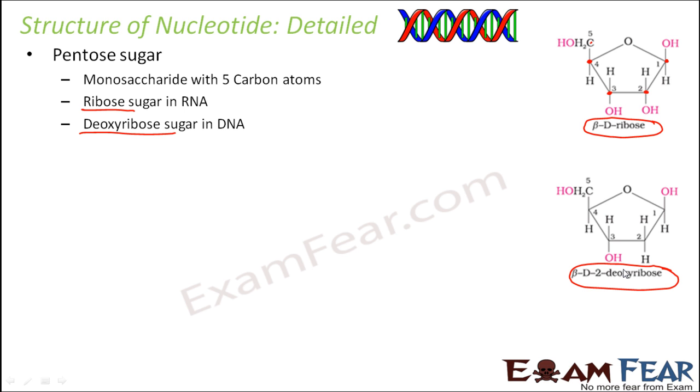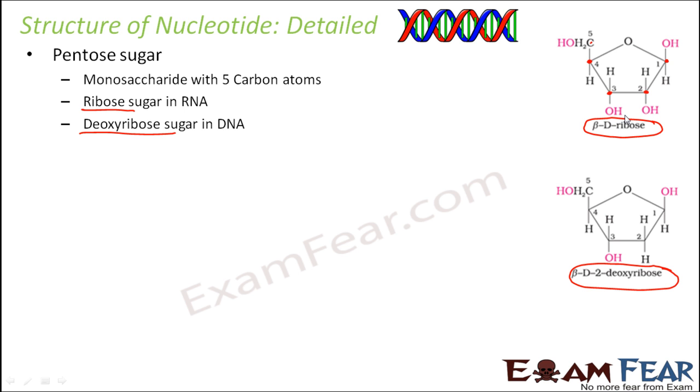That's how you can remember. Anything with D, like decoloration, means the color has been removed. Similarly, deoxy means the hydroxy group has been removed. So here you have only one hydroxy group, but in ribose sugar you have 2 hydroxy groups.